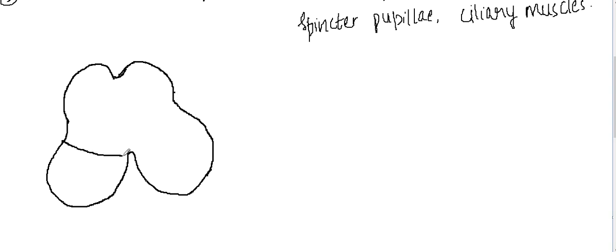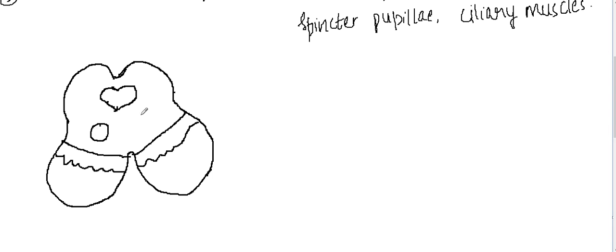In the midbrain there is the substantia nigra, the dark substance. This is the cerebral aqueduct present in the midbrain, and these are the red nuclei of the midbrain. Now let me draw the oculomotor nerve.